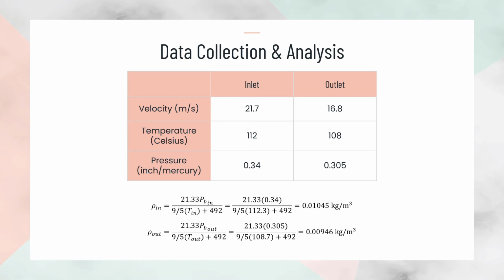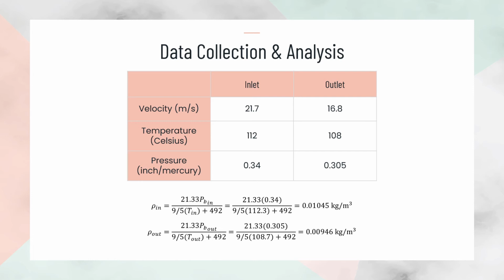And for the pressure in inches of mercury, measured by teammates, the inlet is 0.34 and the outlet is 0.305. From this data, we can directly find the rho utilizing the formula that has been mentioned.